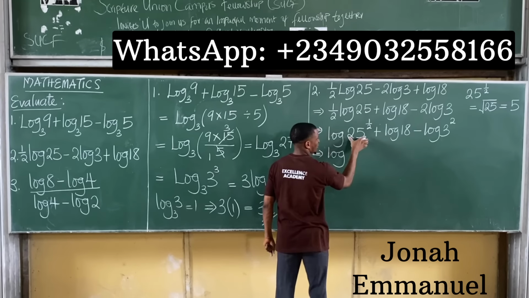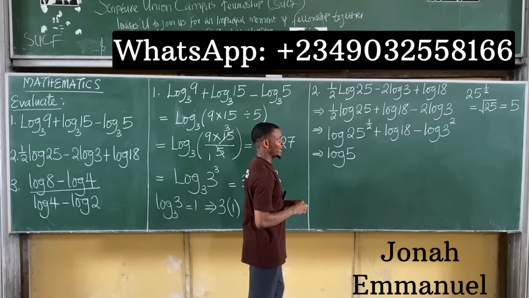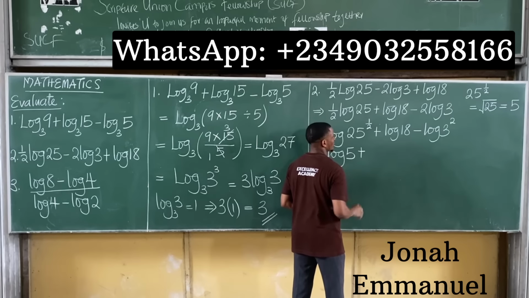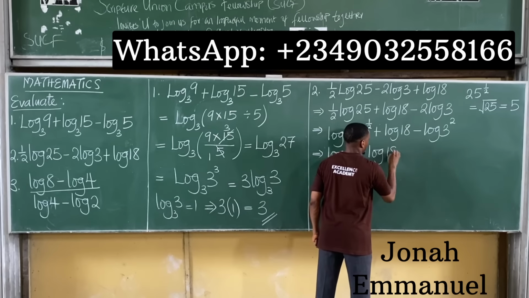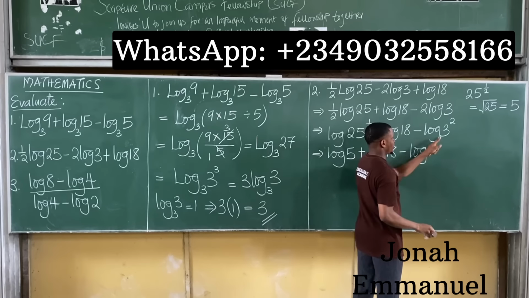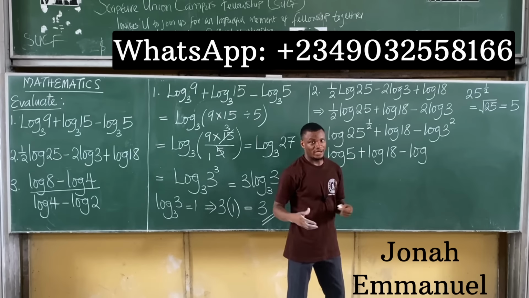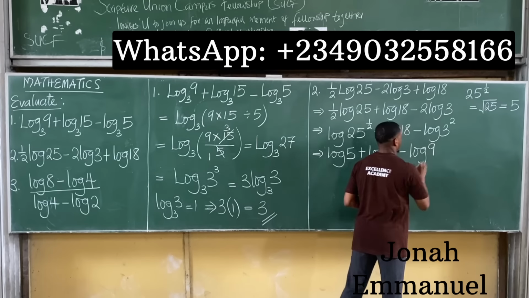So I'm having log 5, plus log 18, minus log 3 to the power 2, which means 3 squared. Of course, 3 squared is 3 times 3, which is 9.